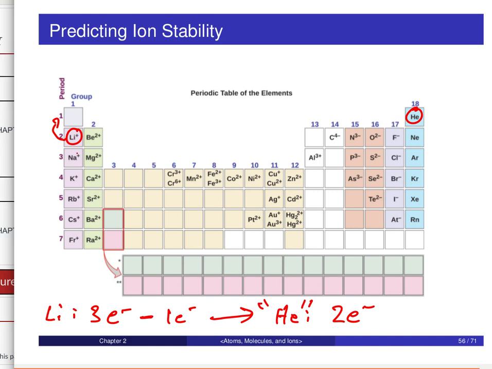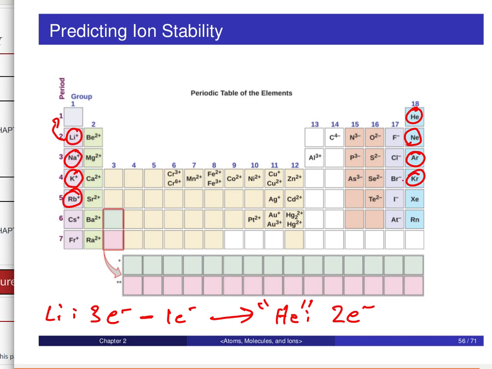Similarly, if we look at sodium, sodium's going to lose 1 electron to come up here and look like neon. Potassium's going to lose 1 electron to come up here and look like argon. Rubidium looks like krypton, and so on and so forth.